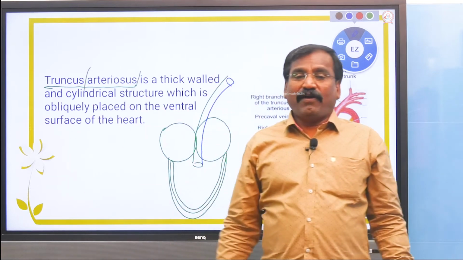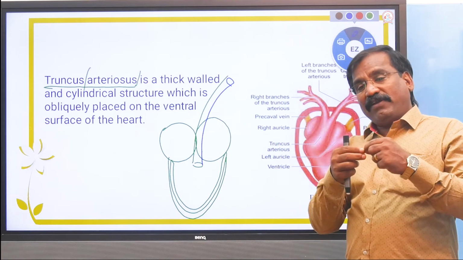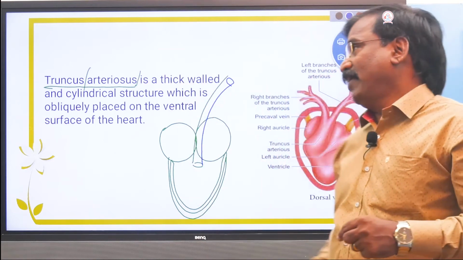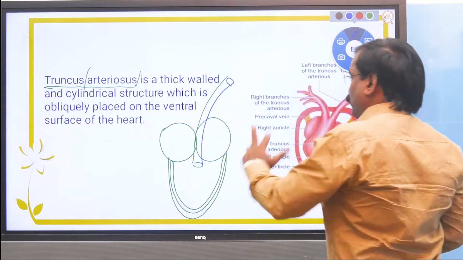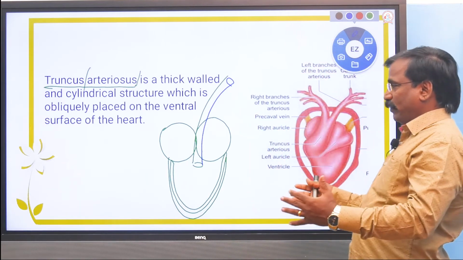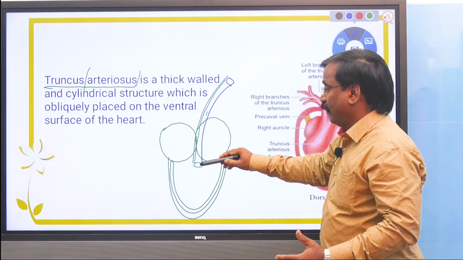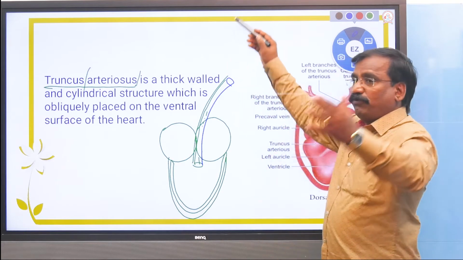Arteries are blood vessels that carry blood from the heart to the body parts, hence arteriosus. It is a large blood vessel that arises from the ventricle, carries the blood and distributes it to all the parts.